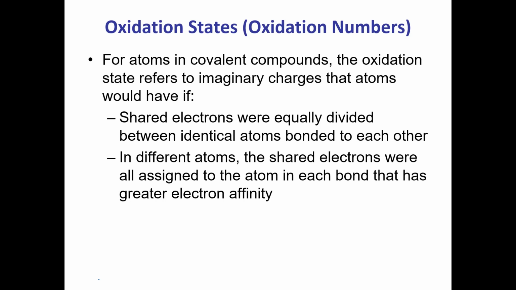So when we do this in compounds that have different elements, for example, something like CH4 or Cl2O7, we give the electrons to the one that has the greater electron affinity, and we take the electrons away from the one that has less electron affinity.